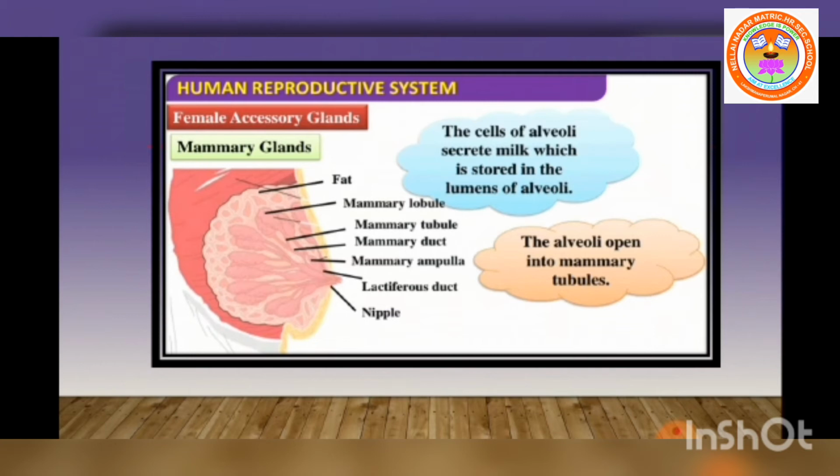The tubules of each lobe join to form a mammary duct. Several mammary ducts join to form a wider mammary ampulla, which is connected to the lactiferous duct in the nipple.